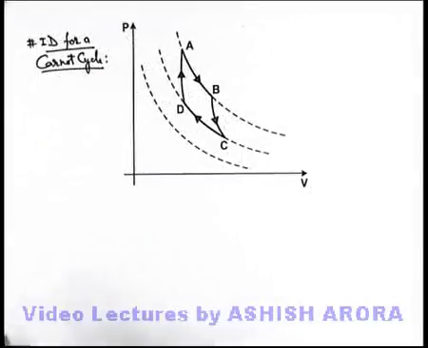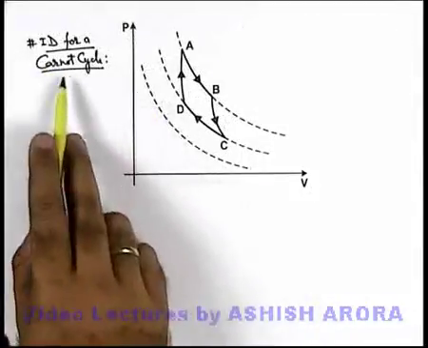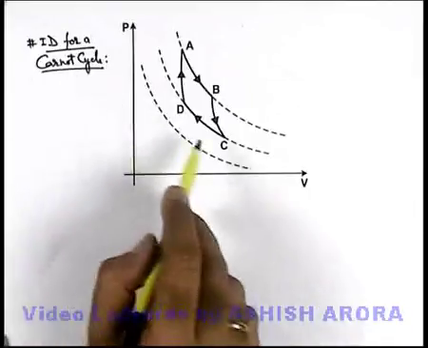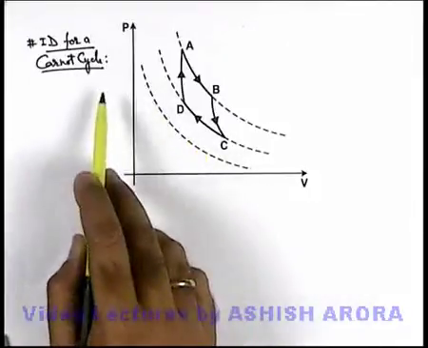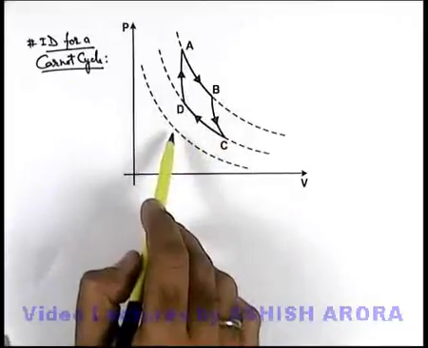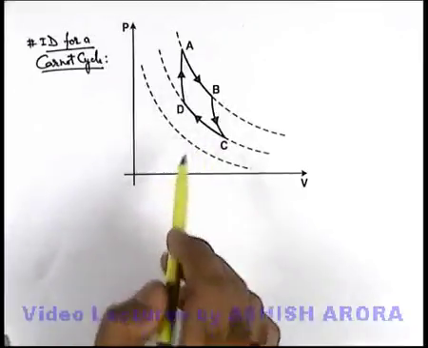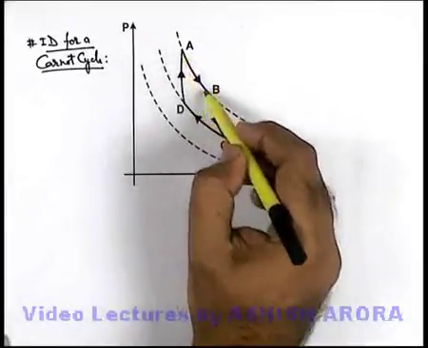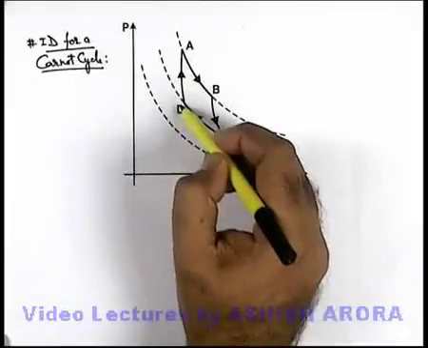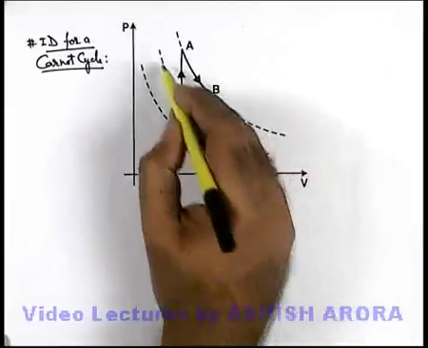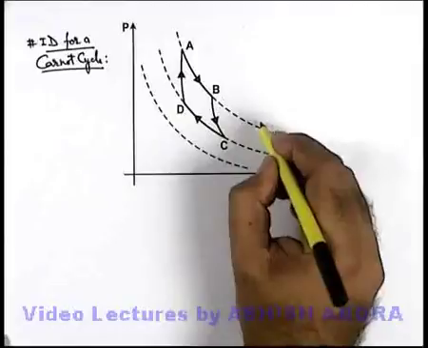Let's discuss the indicator diagram and working of a Carnot cycle. As we have discussed, there are 4 processes involved in Carnot cycle. Here you can see the processes AB and CD are isothermal processes which lie on isothermal curves.